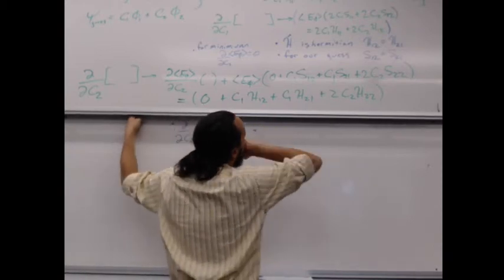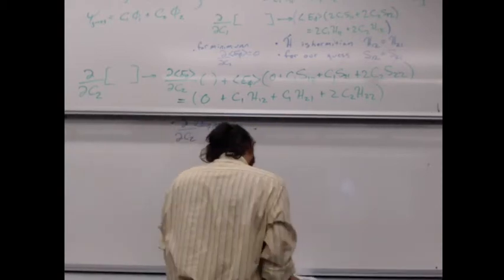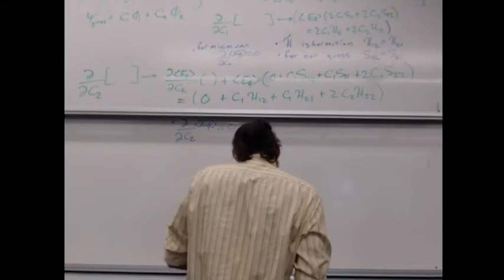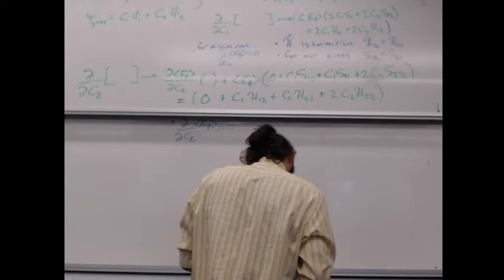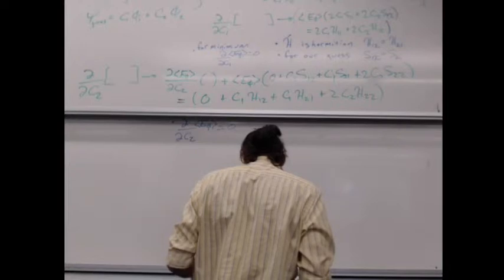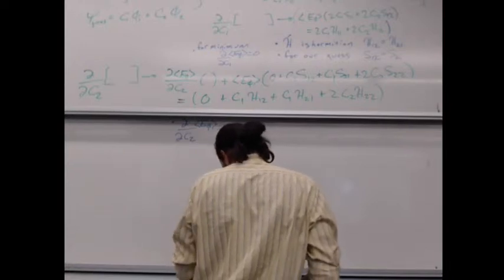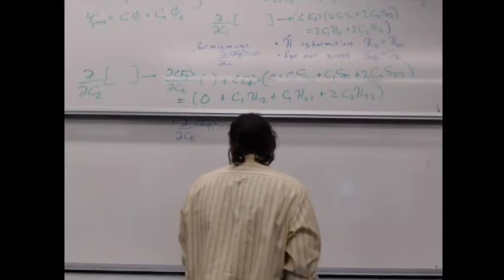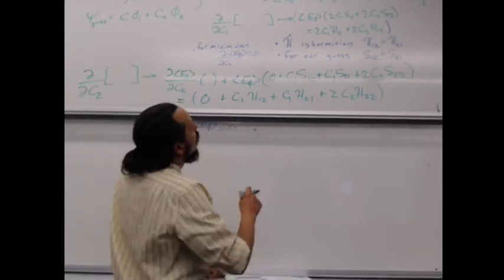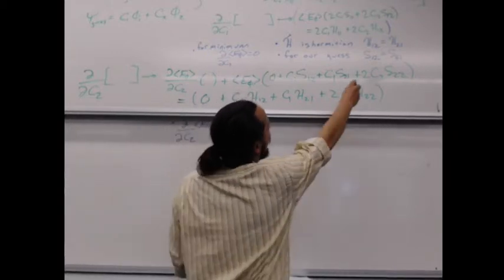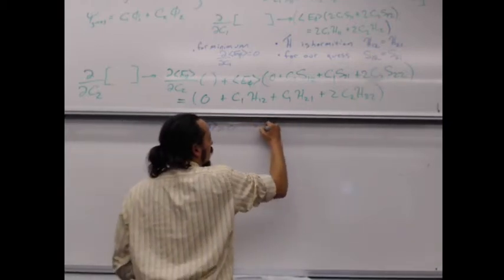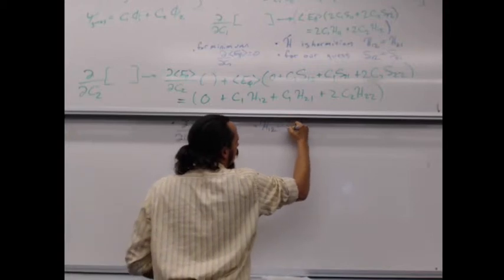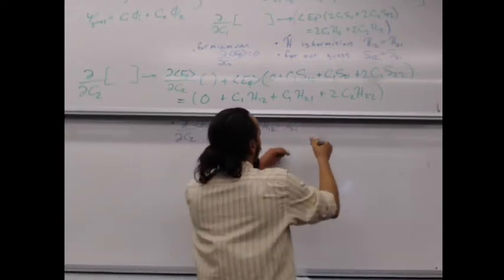I can say my H12, my H21 are going to be equal to each other because they're Hermitian.